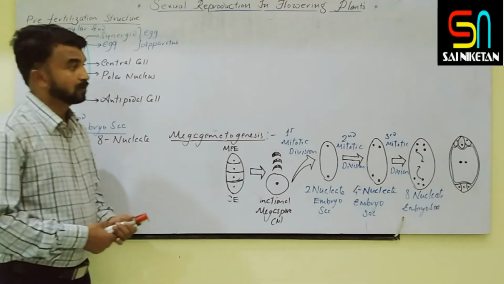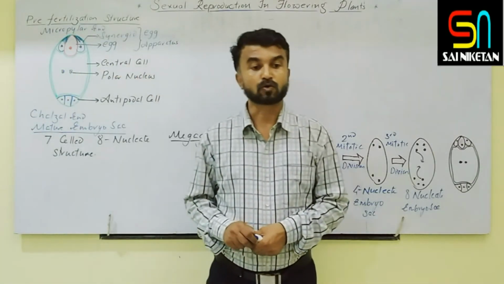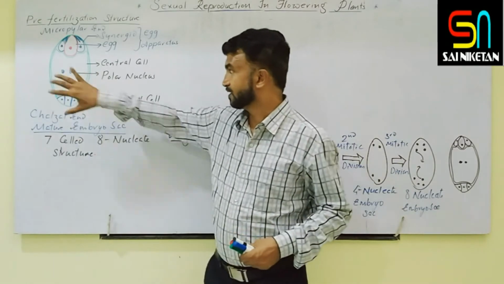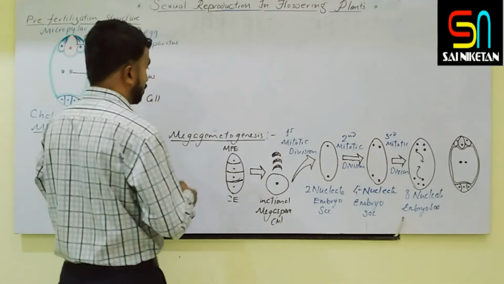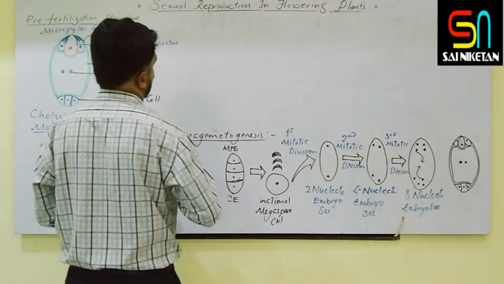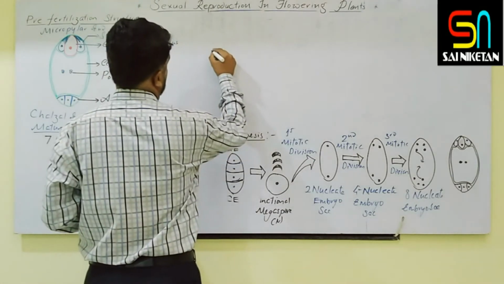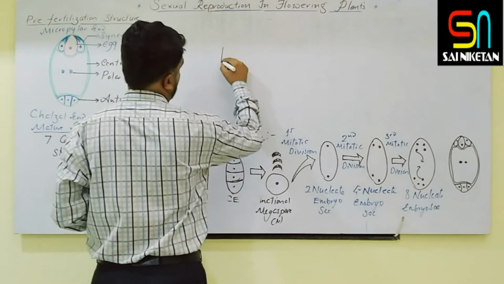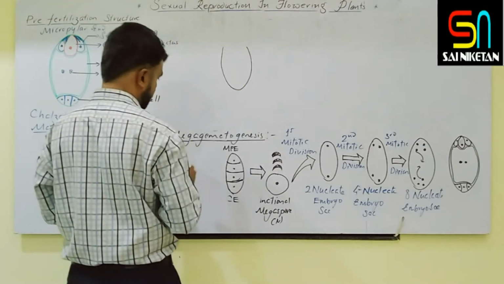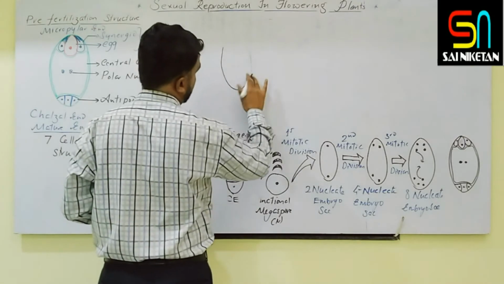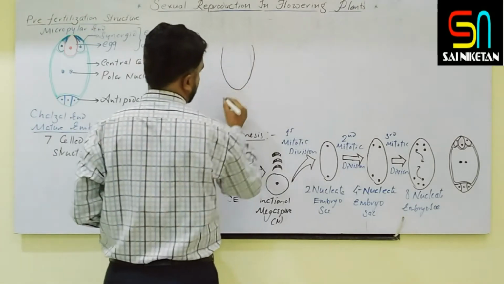Clear? So the first figure we have drawn is an anatropous ovule. If you want to fit this embryo sac in that anatropous ovule, the figure will be like this. So this is the nucellus. Inside that, the embryo sac is there.